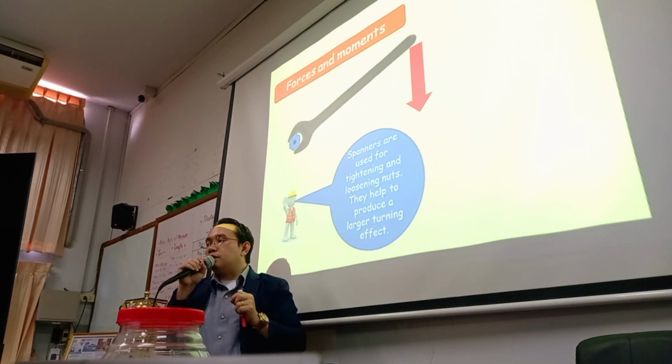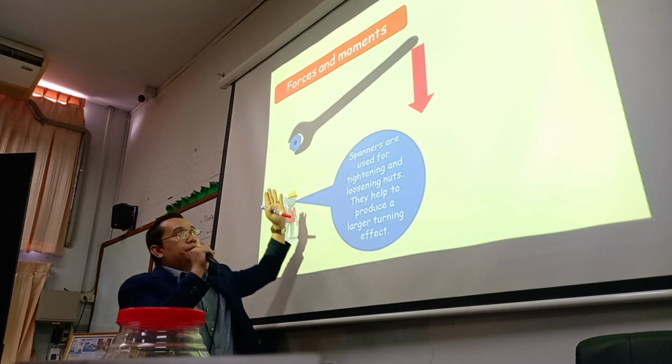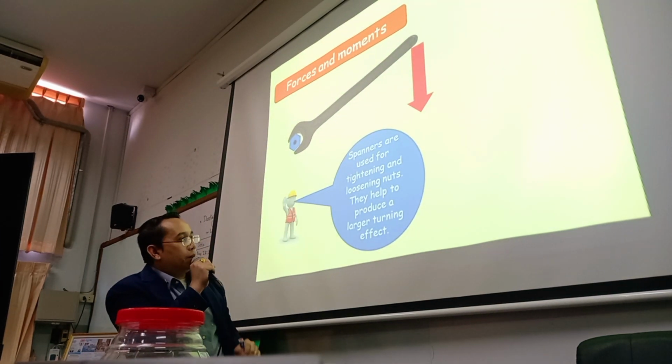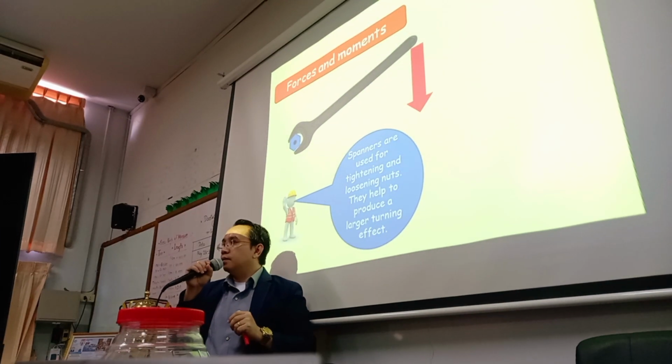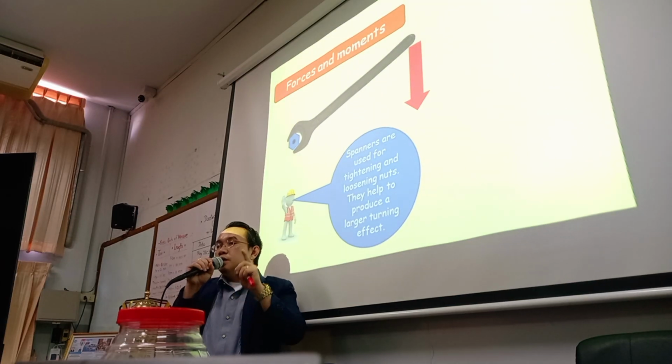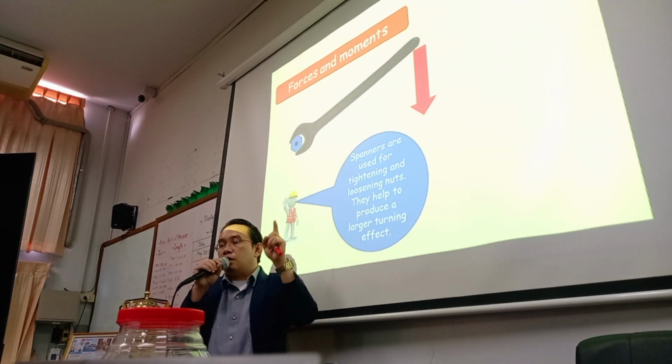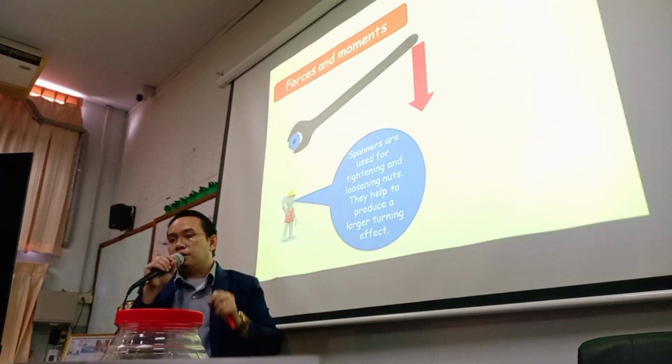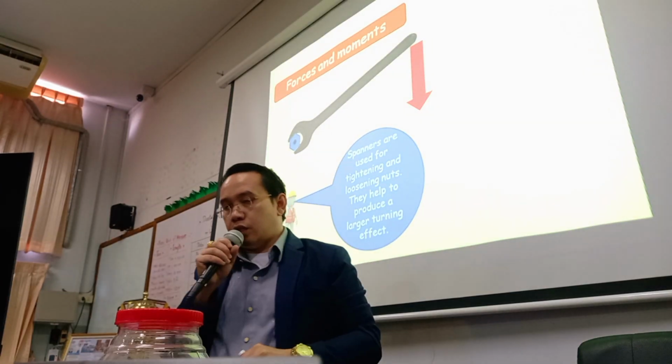But let's try to think of this. Why is a spanner a good example of turning effect? Remember, turning effect comes in a clockwise or counterclockwise direction.